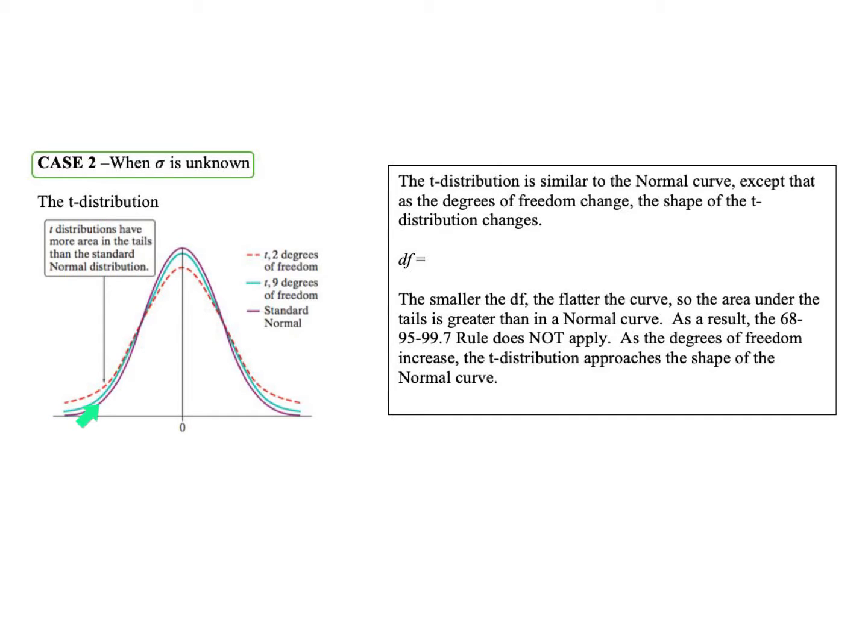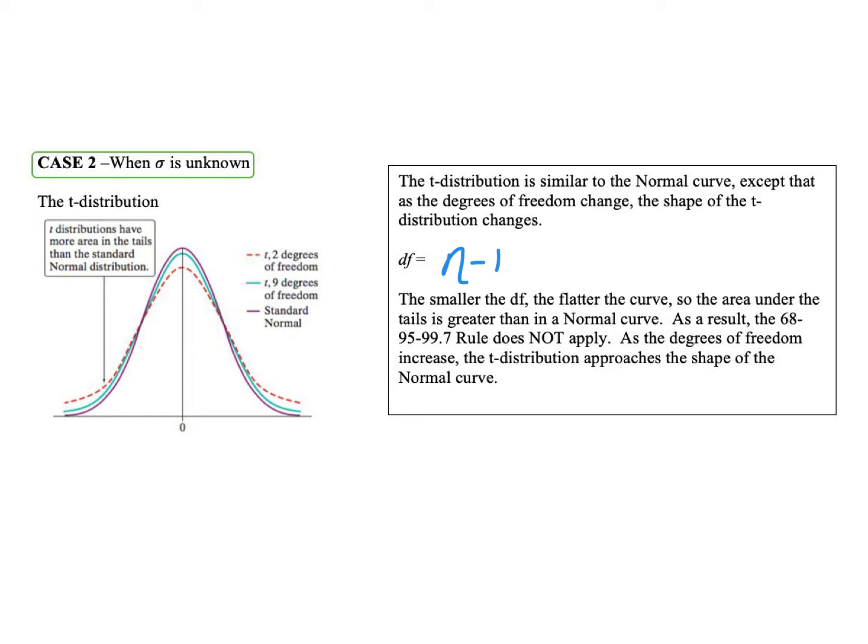The greater the degrees of freedom, the less area will be in the tails and the higher the peak will be. You notice that this purple curve here is the normal model. So the higher the degrees of freedom, the more it begins to look like our normal distribution. We've talked how the degrees of freedom is 1 less than our sample size, n minus 1.